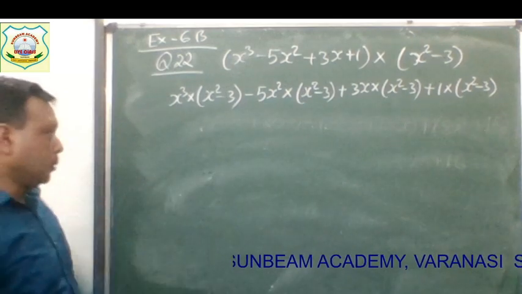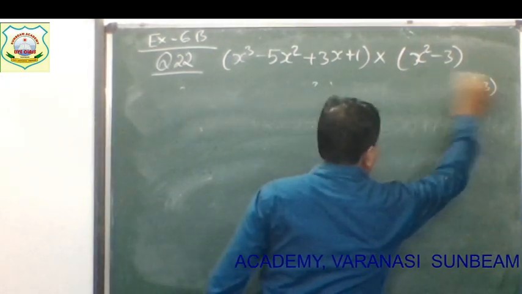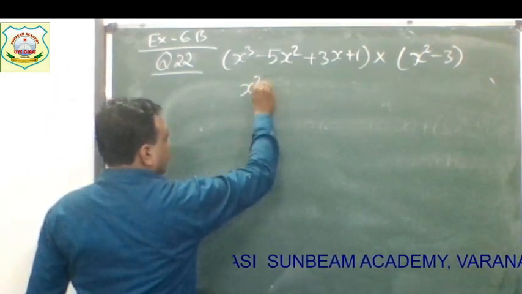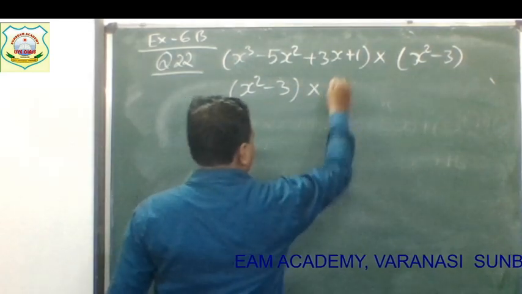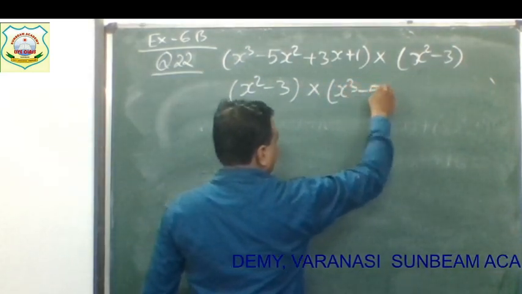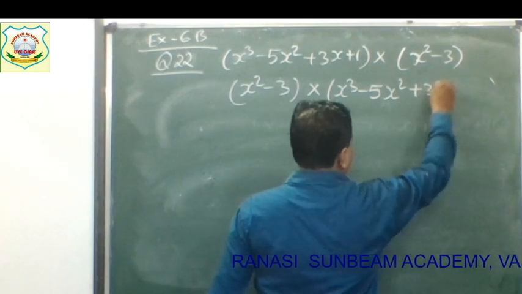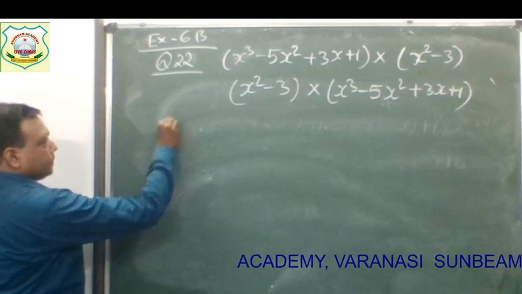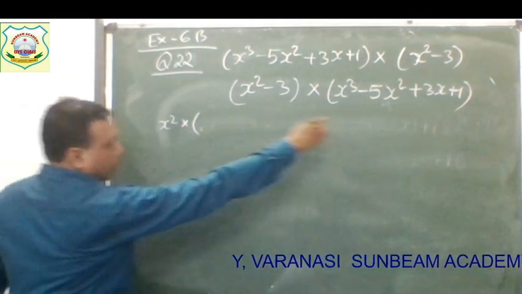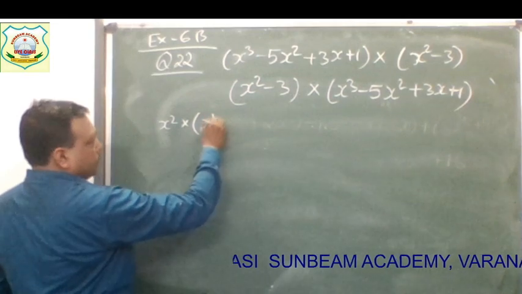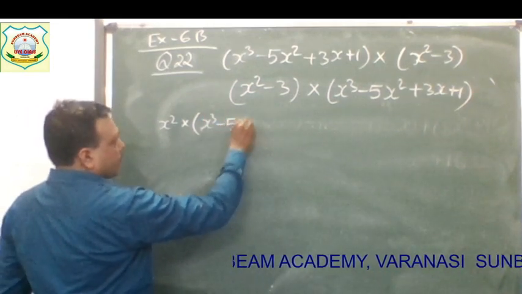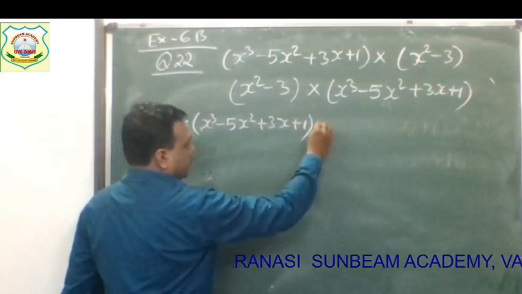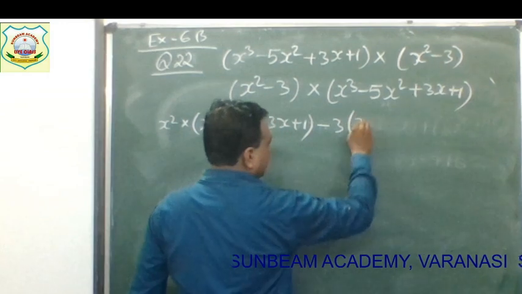What we just did is shift it here: x square minus 3 multiply x cube minus 5x square plus 3x plus 1. x square times the whole x cube minus 5x square plus 3x plus 1, minus 3 times this whole expression.